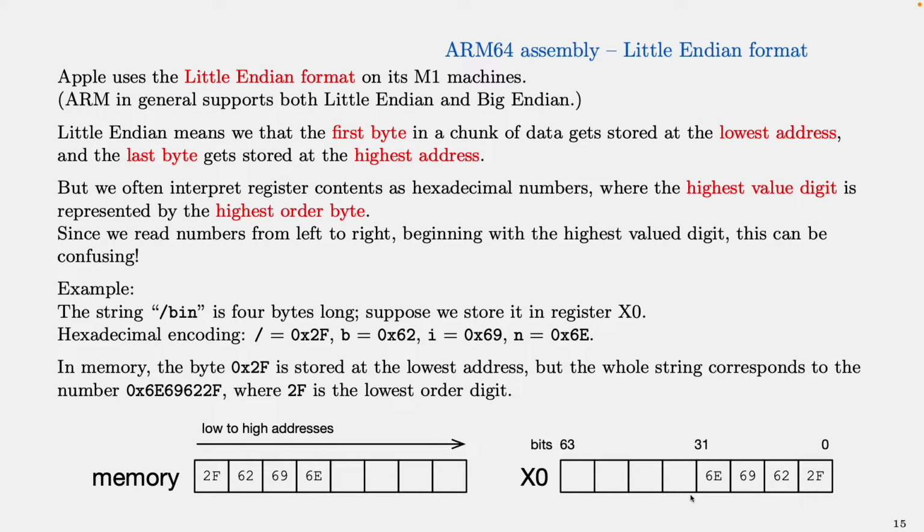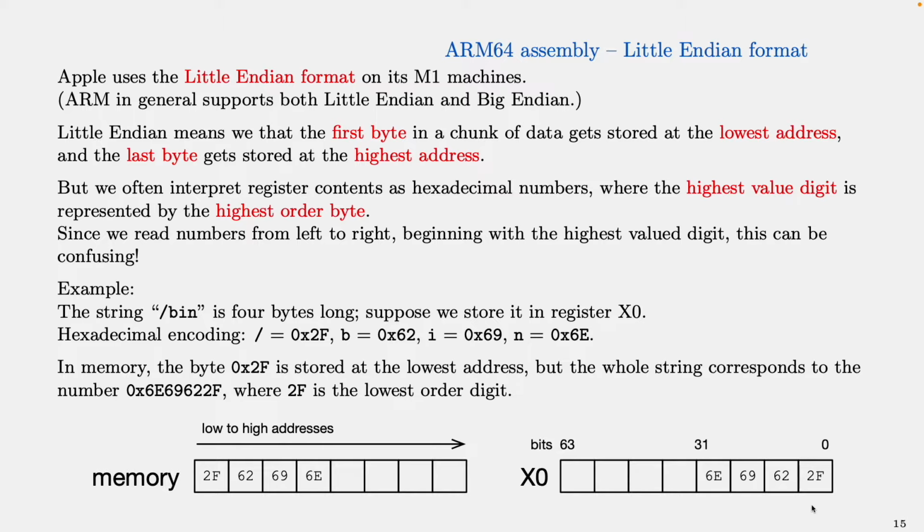So here we would write this number as 6E, 69, 62, 2F, so just in the reverse order. And if you use a debugger to analyze your programs, you will find representations in both ways, and that can be confusing at times. But be aware, Apple uses little endian.